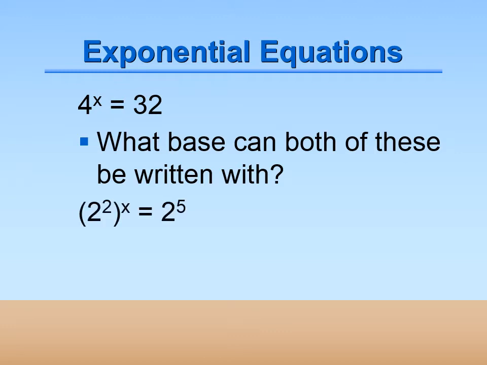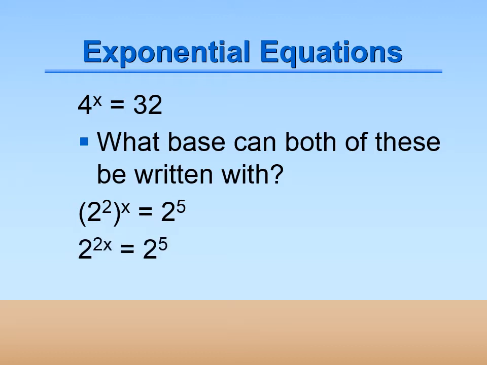So when we do that, 4 can be rewritten as 2 to the 2nd power. And it's still going to have that exponent of x. It's just going to be on the outside. So 2 to the 2nd power to the x power. And then 32 can be written as 2 to the 5th power. So notice how our bases are now the same.